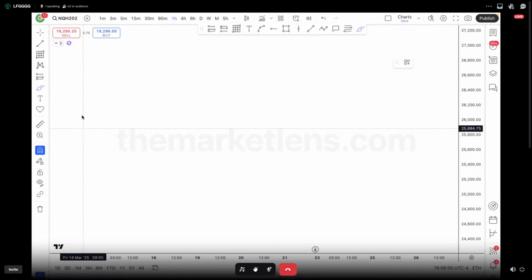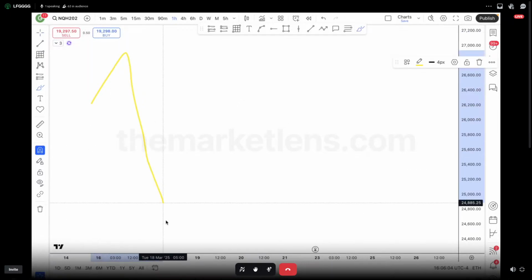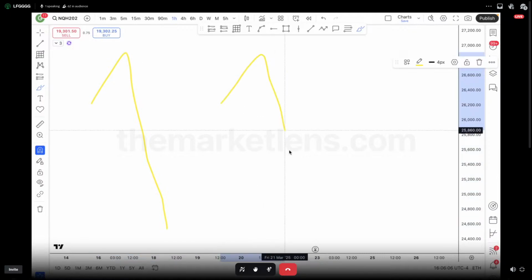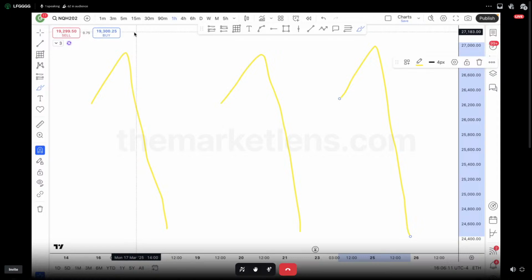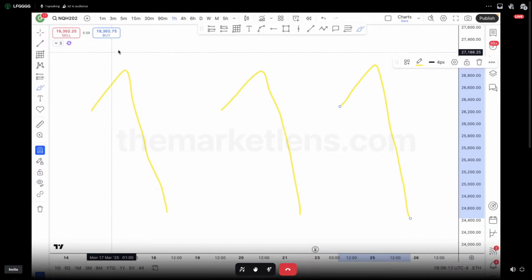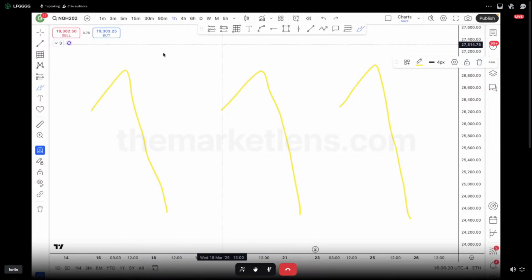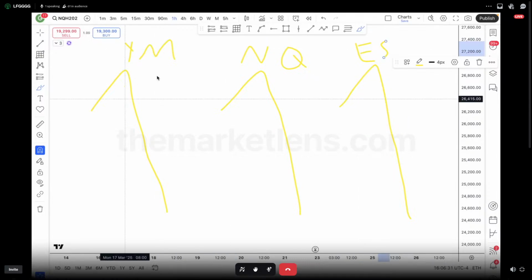They're all generally going to make the same ranges almost. Here is YM, NQ, and ES.